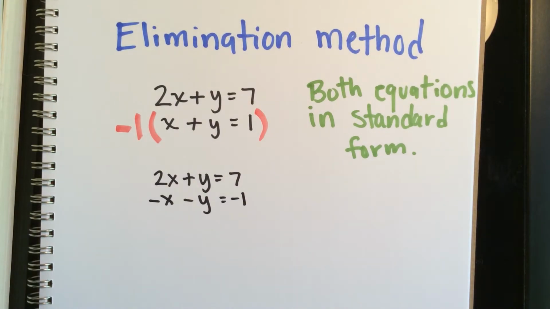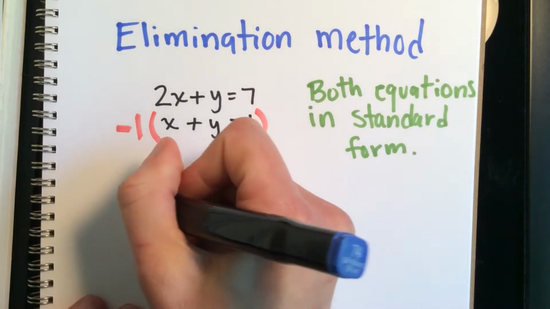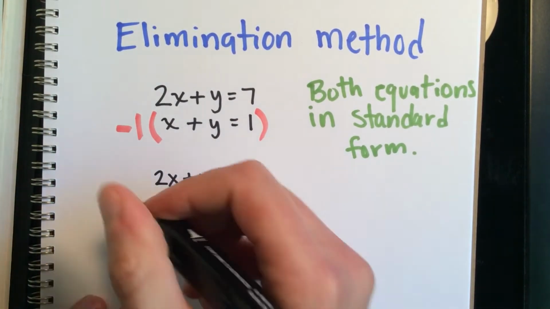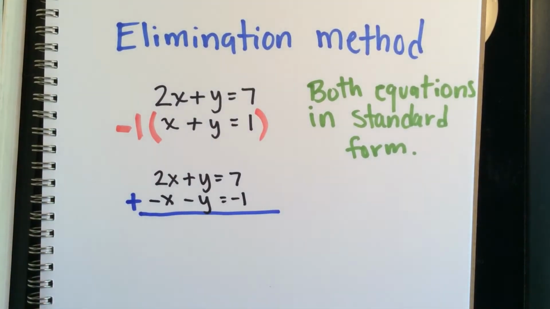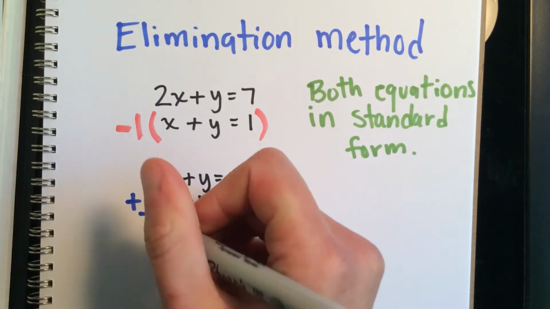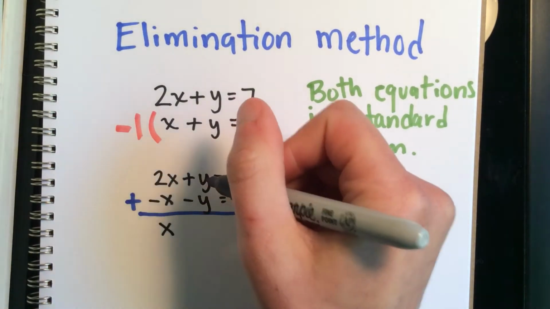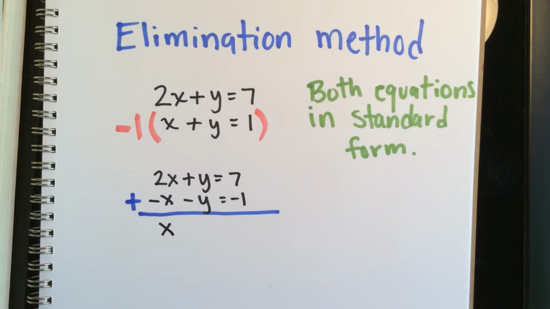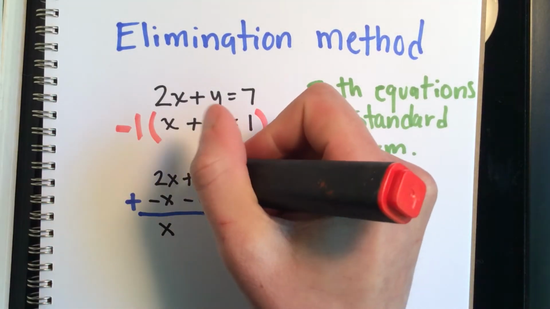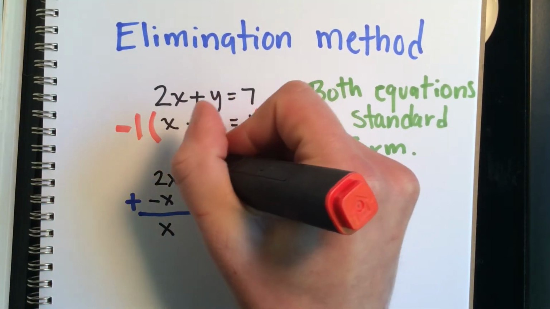Okay. And now we can go ahead and add these two equations together. So what I'm going to do is add them. So here we have 2x minus x is just 1x. And here is where our variables are going to cancel. So a positive y plus a negative y equals 0.